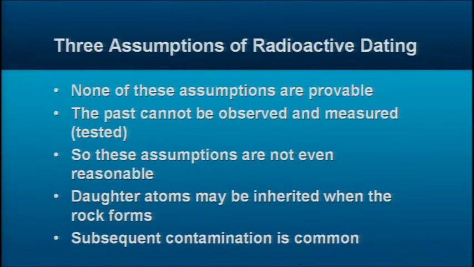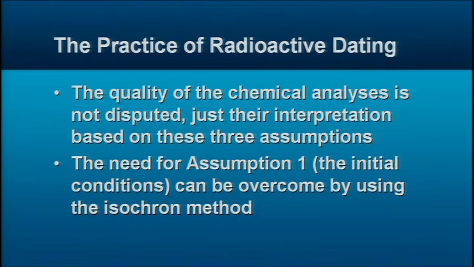Subsequent contamination is common. Now, I want you to understand that I'm not questioning the quality of the chemical analyses. If you ever visit a university laboratory where they do these measurements, the equipment is worth millions of dollars. And the sophistication is incredible. In the case of radiocarbon, they can actually count individual atoms.